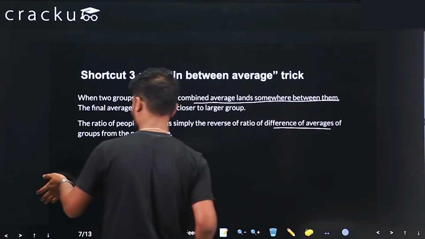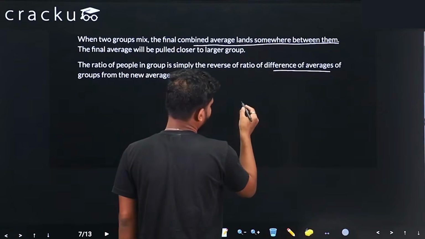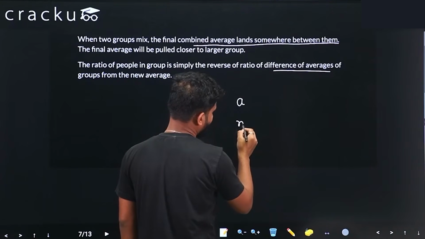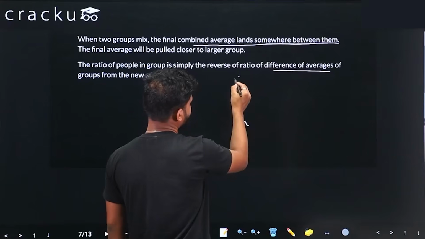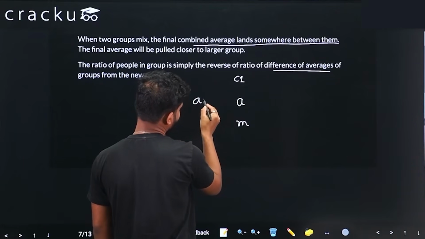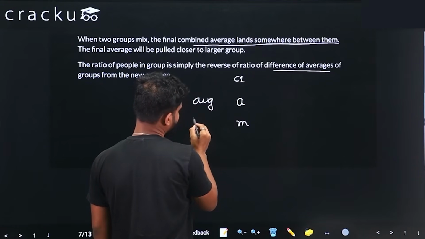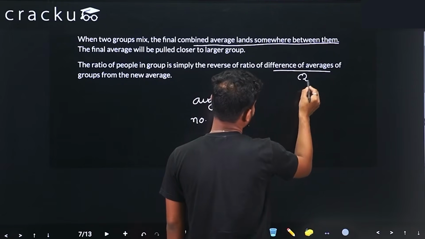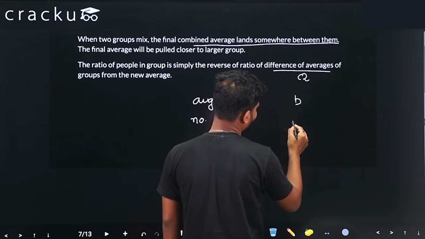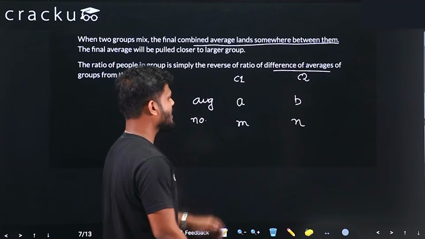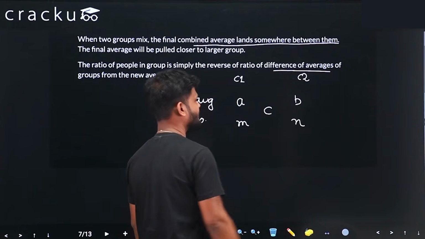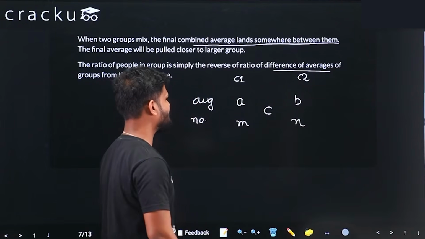What does it say? It says if A is here and I have M. So this is case 1, this is average, and this is number. And in case 2, you have average as B and number of people as N. If you combine both of them, you get C here, and this C is the average after combining them.